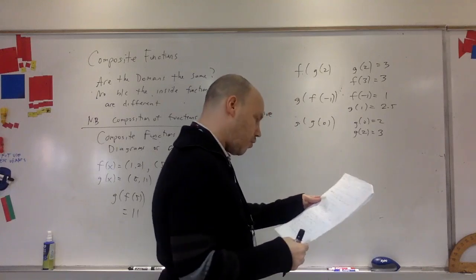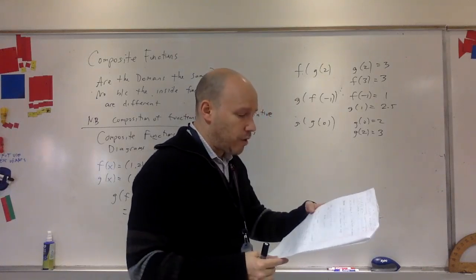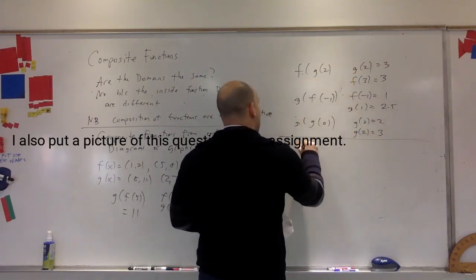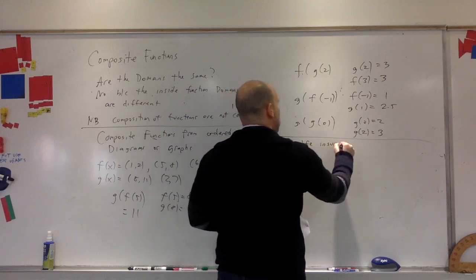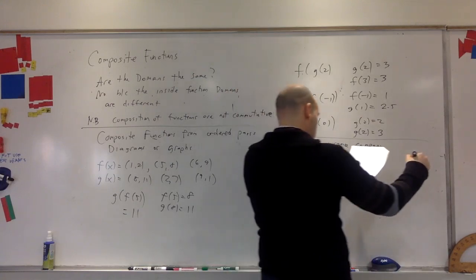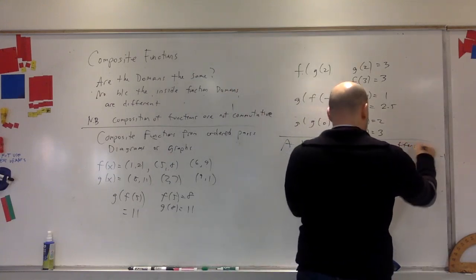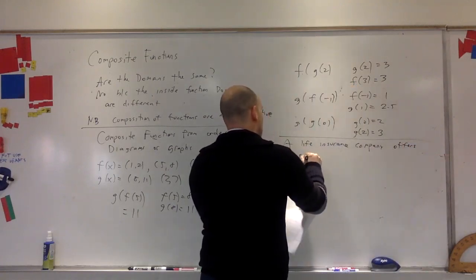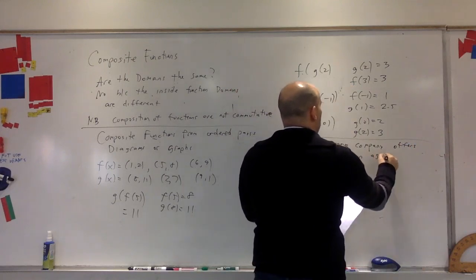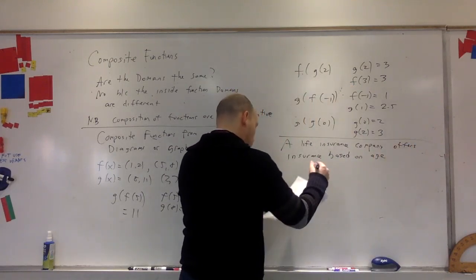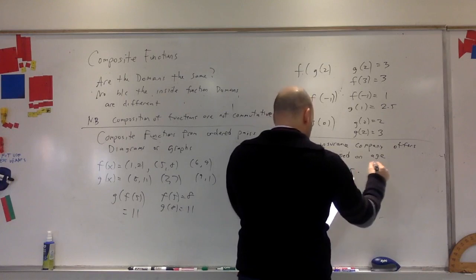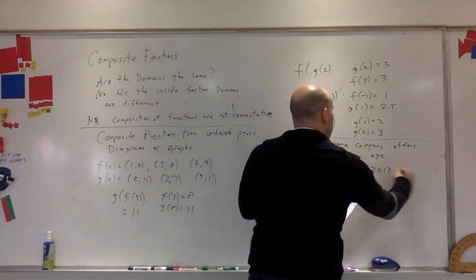Question. A life insurance company offers insurance based on age. And the formula is the cost, C of n, is equal to 1.25 times 2017 minus n.